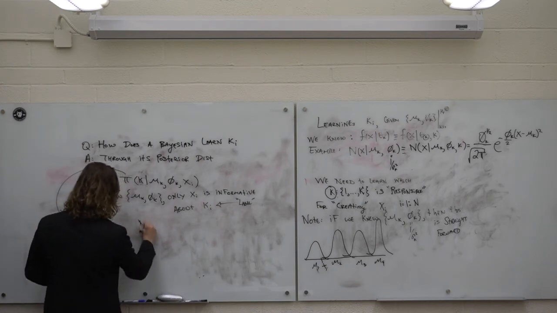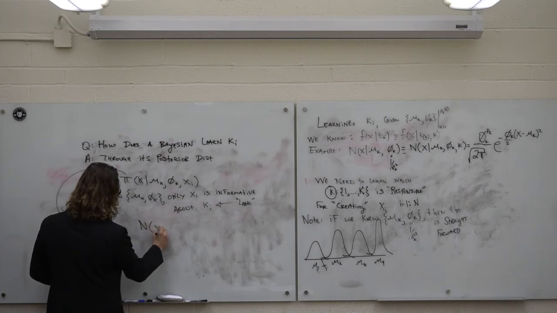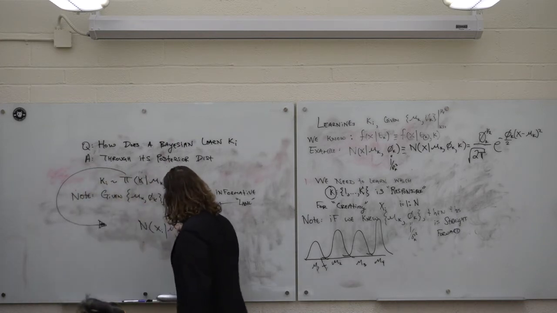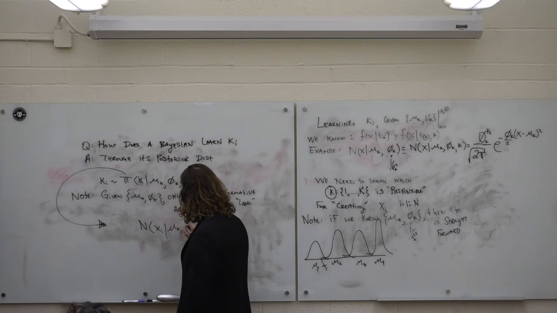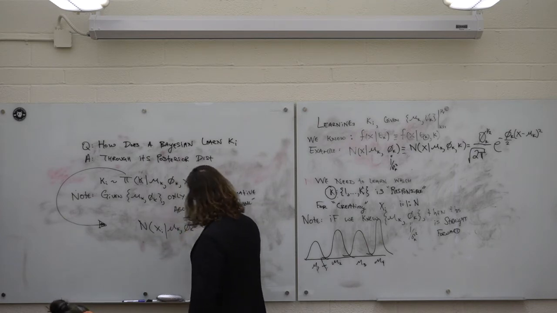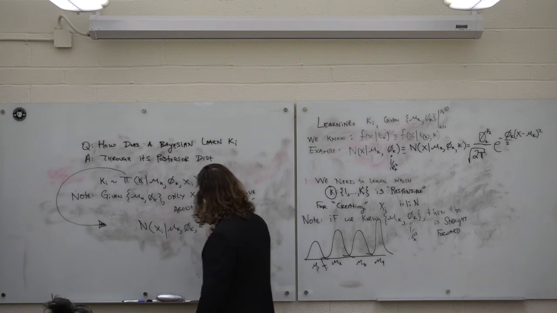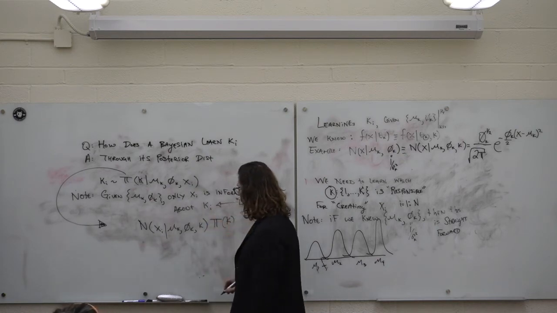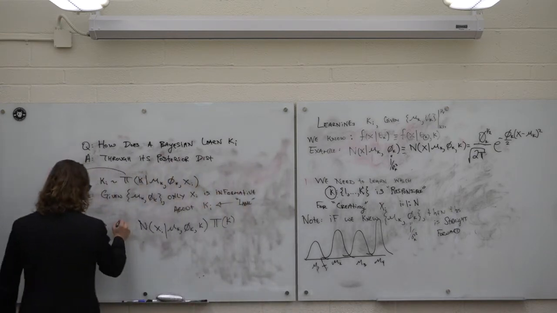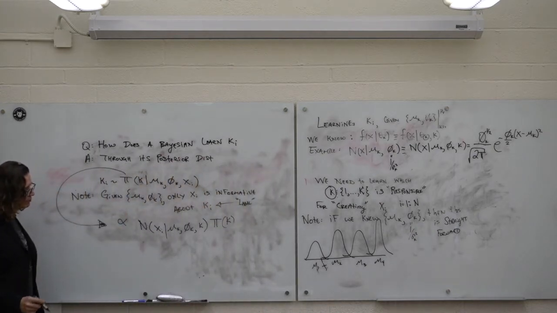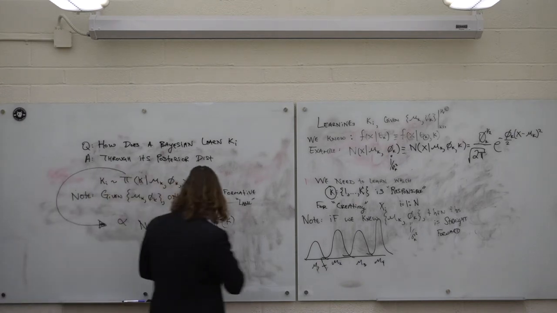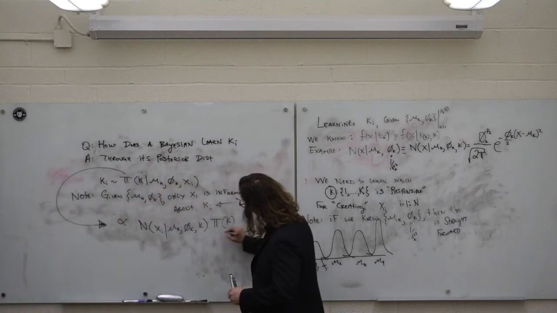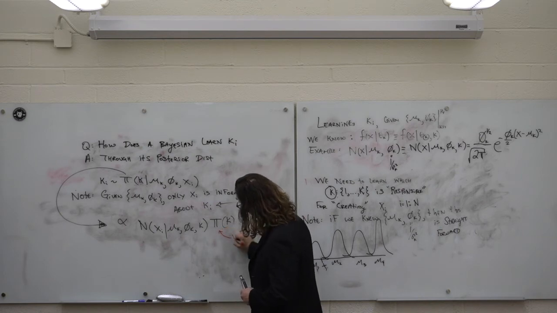So I just take my normal xi, condition on that. I plug in mu k, phi k. I'll write in k right here. And then I need a prior probability on k. And then I'm done right here. So let me label this. This is going to be my prior for k.